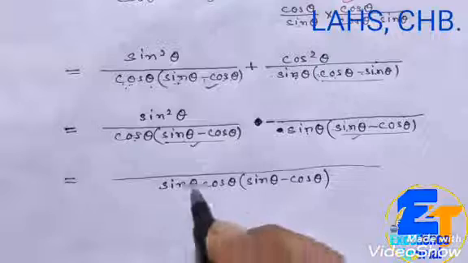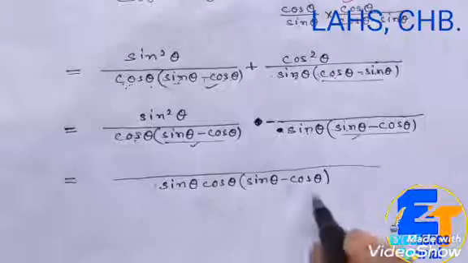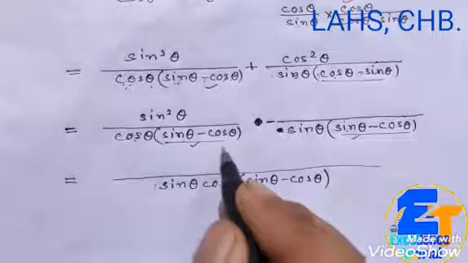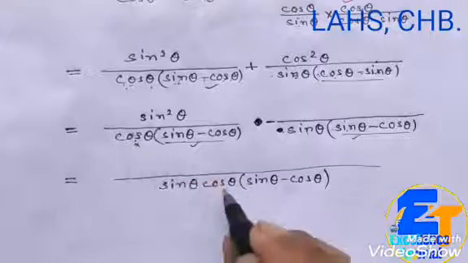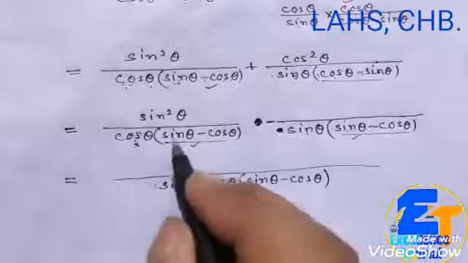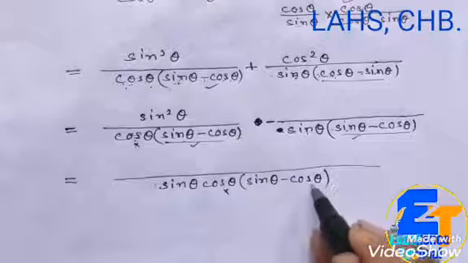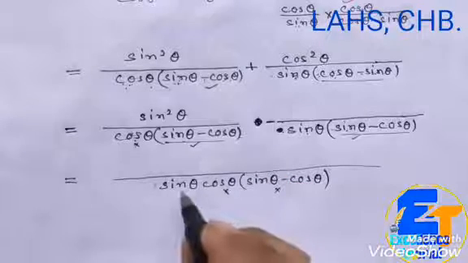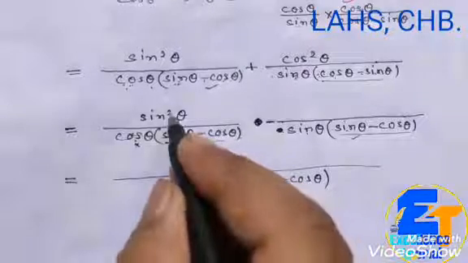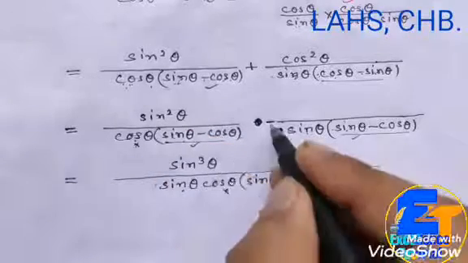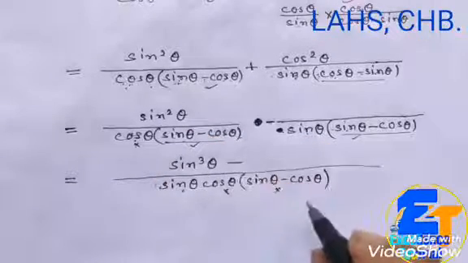Now see, again in this step, we need to divide the LCM by this denominator. On division of the LCM by this denominator, cos will get cancelled, and the term sin theta minus cos theta will get cancelled with this. So what is left here? Sin theta into sin square, it will become sin cube theta minus sin.